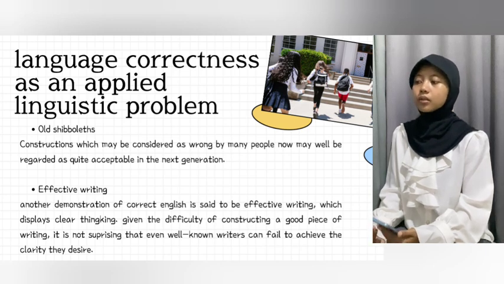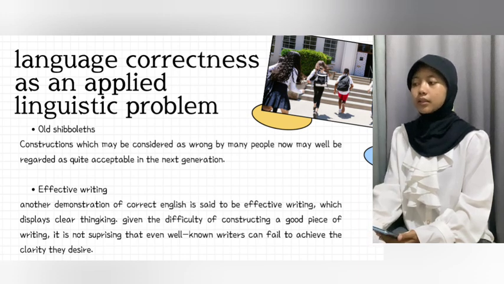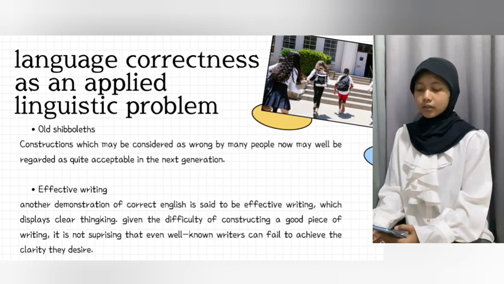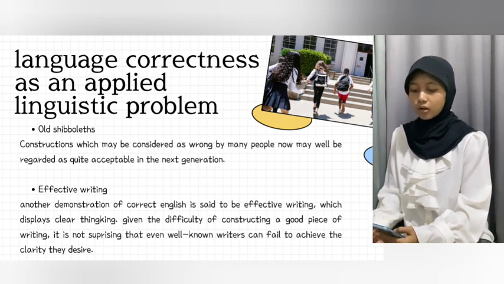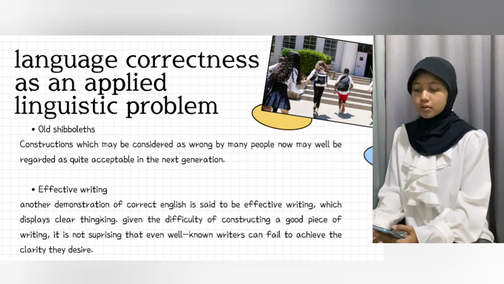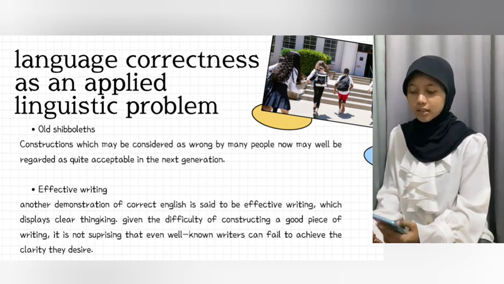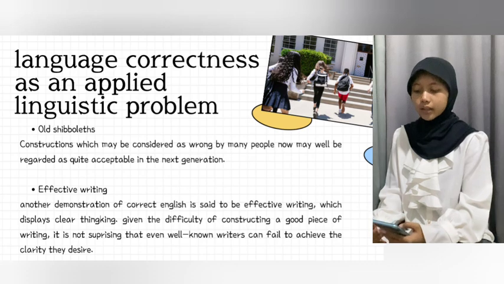Given the difficulty of constructing a good piece of writing, it's not surprising that even well-known writers can fail to achieve the clarity they desired. Since in one sense making a text more correct is to redraft it so as to make it better, more effective in context, then perhaps we should accept that correct English is simply good English, and incorrect is bad.